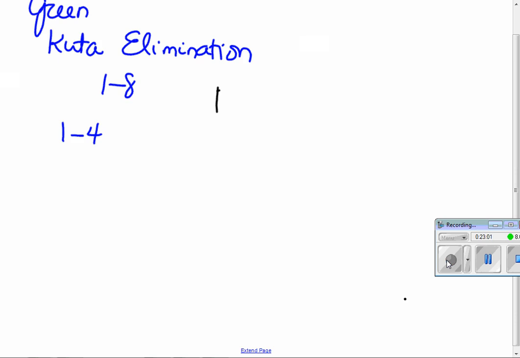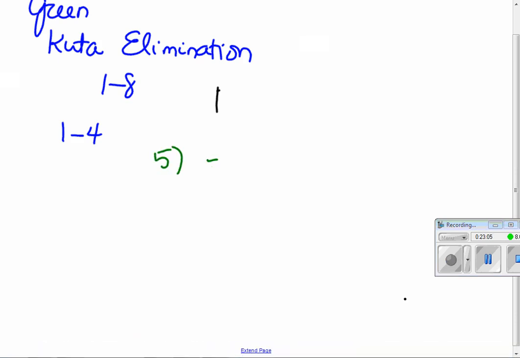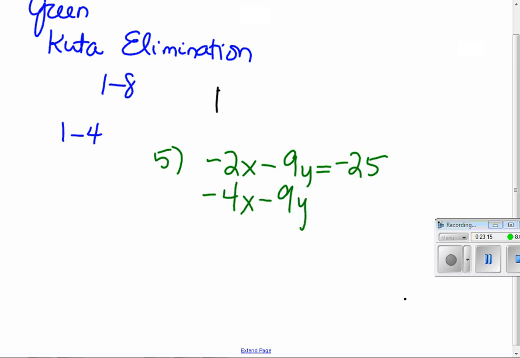There we go. So number 5 looks a little different. What's wrong with this one? Oh, you got it? If I add them, nothing cancels out. Nothing is eliminated. But I'm allowed to multiply and divide.